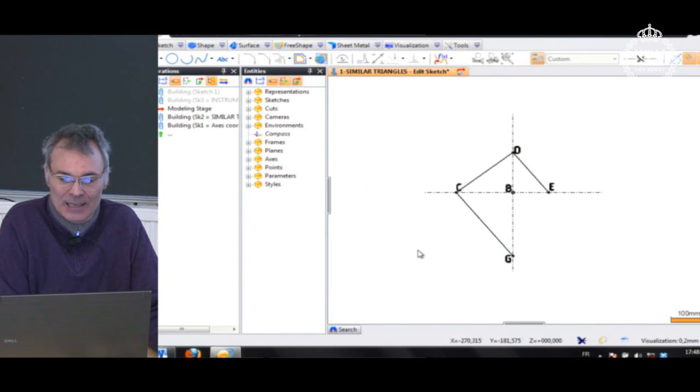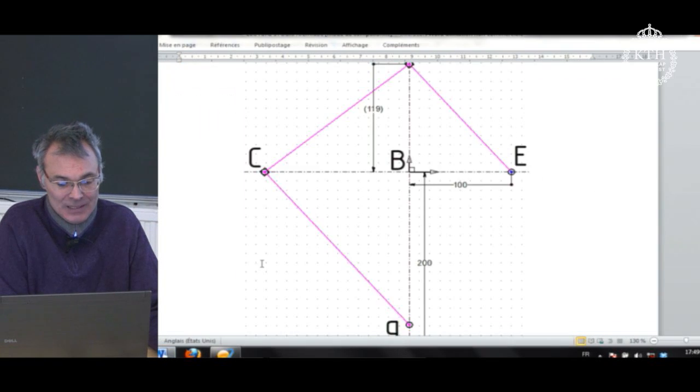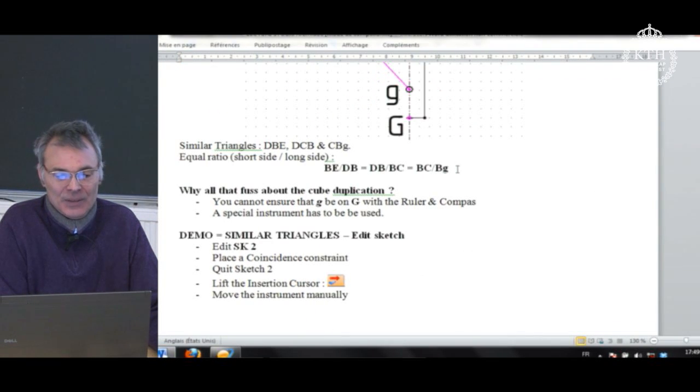Here you see a very simple geometric diagram where you have 3 triangles that are obviously similar triangles. That means that BE on DE is equal to BD on DC and equal to BC on CG. So we actually build a continuous proportion.